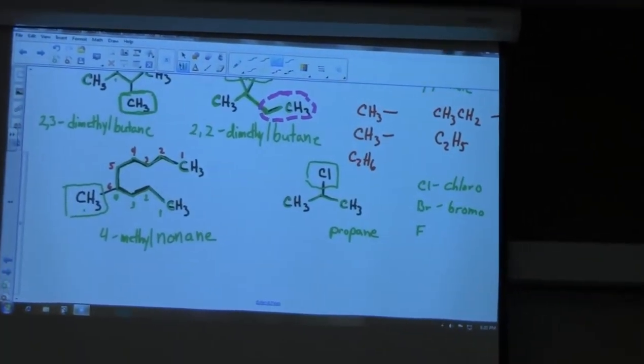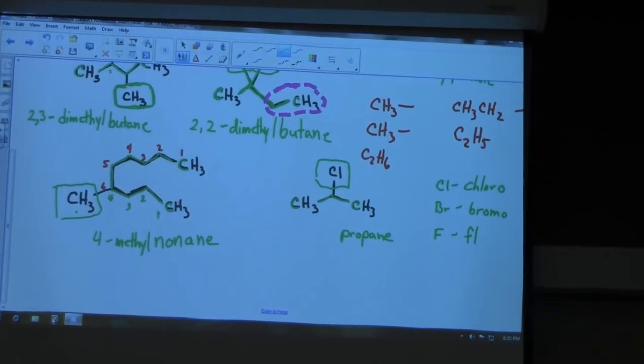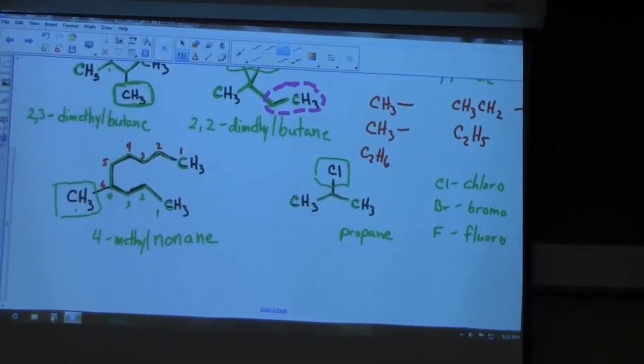And fluorine is a fluoro. And iodine is an iodo group. And astatine is an element that you will never see. So we're not going to worry about it. Okay, so in this case we would have 2-chloropropane. Not so bad, right?